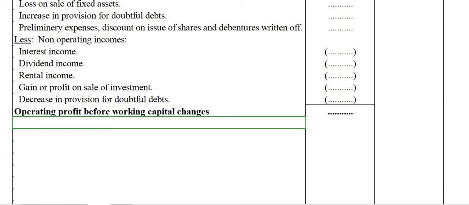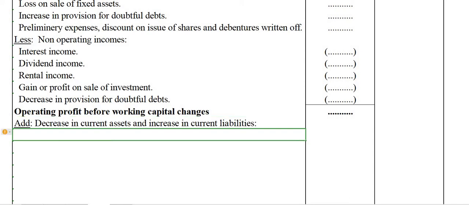The next item, now we have to find out operating profit after changes in working capital. So working capital, we know that current assets and current liabilities. Net working capital concept says that it is the difference between current assets and current liabilities. So in order to find the operating profit after working capital changes, we have to add back all the decrease in current assets and increase in current liabilities. So these are the items.